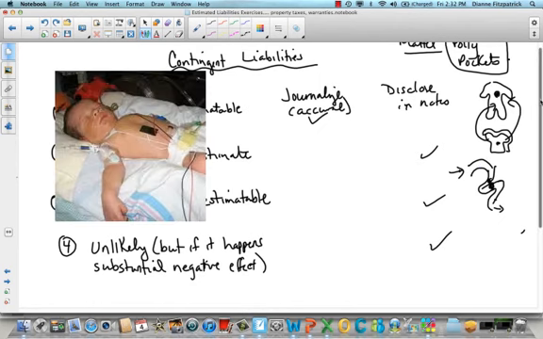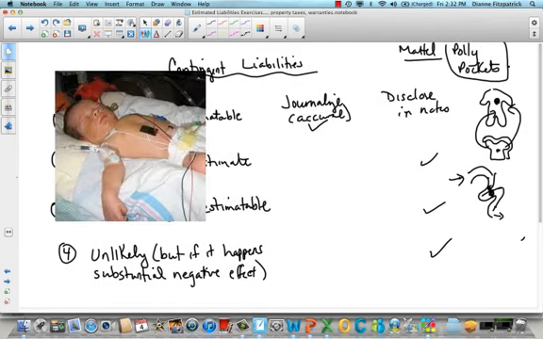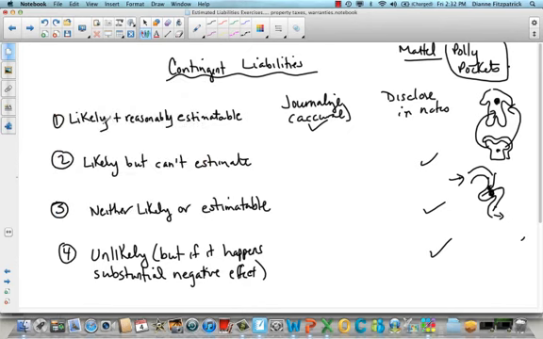So let's talk about Mattel. They were sued, and they thought it was likely that they were going to lose this lawsuit, and it was reasonably estimatable because they knew how much it was going to be for. So they had to journalize and record this as an expense. However, if they thought it was likely but they can't estimate because they didn't know how much, maybe they were just filing the lawsuit or something, and they hadn't actually gone through it, they had to disclose in the notes that they knew this lawsuit was forthcoming.